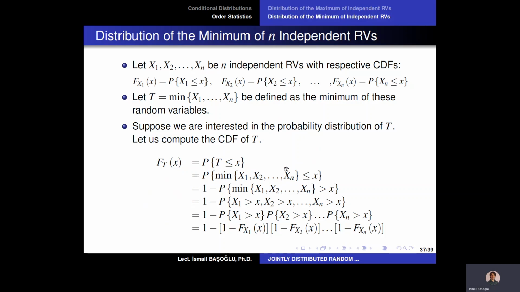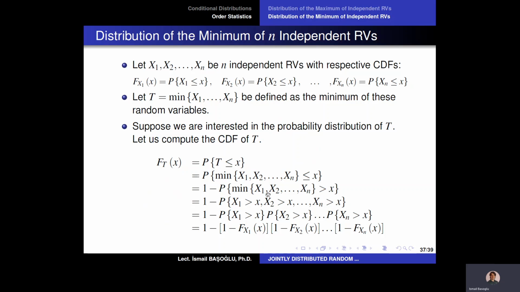But if I rewrite that probability from the complement event's probability as 1 minus the probability of the minimum of these random variables to be greater than x, then the minimum of these random variables being greater than x will require all of them to be greater than x respectively. So the intersection of all of these greater-than events is the same as the minimum being greater than x.